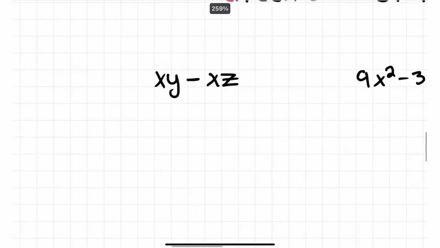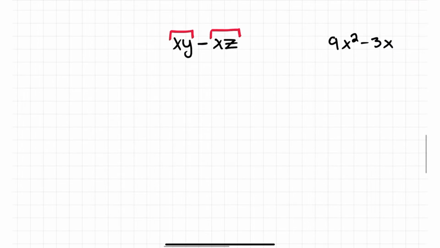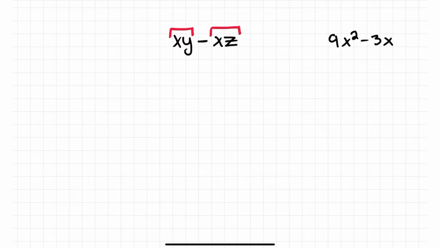xy minus xz. So basically we have two terms, this one right here and this one over here. We see that they both share an x.